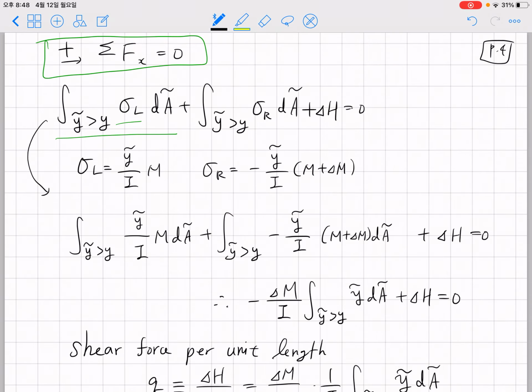So for the left side, you need x direction force from sigma L. For the right side, you have x direction force sigma R, and you have delta H, which is the force at the bottom. This is the left side force, right side force, and bottom side force, and they have to be summed up to be 0.